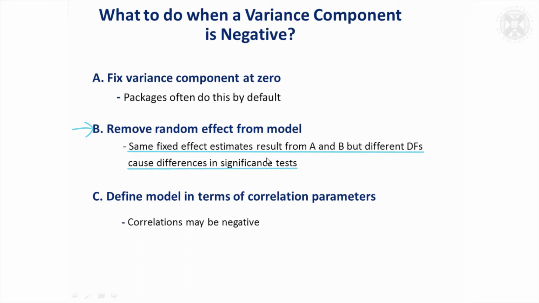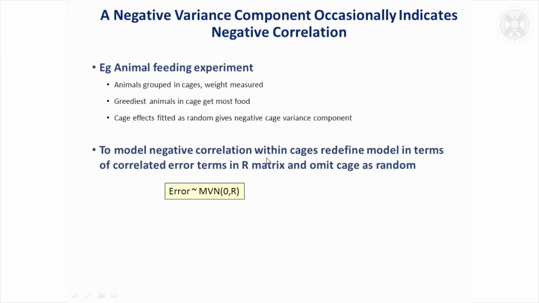The only thing that will differ is the degrees of freedom for the significance tests, so you might sometimes want to do that. And very occasionally, a negative variance component is an indication of negative correlation within the random effects. I never saw, when I worked in medicine, any examples of when that would be feasible at all, but perhaps you could imagine in an animal trial it might be a possibility if you, for example, were doing an animal experiment where you saw how much you're feeding animals and you wanted to see how much they weighed, different diets, and animals were grouped in cages.